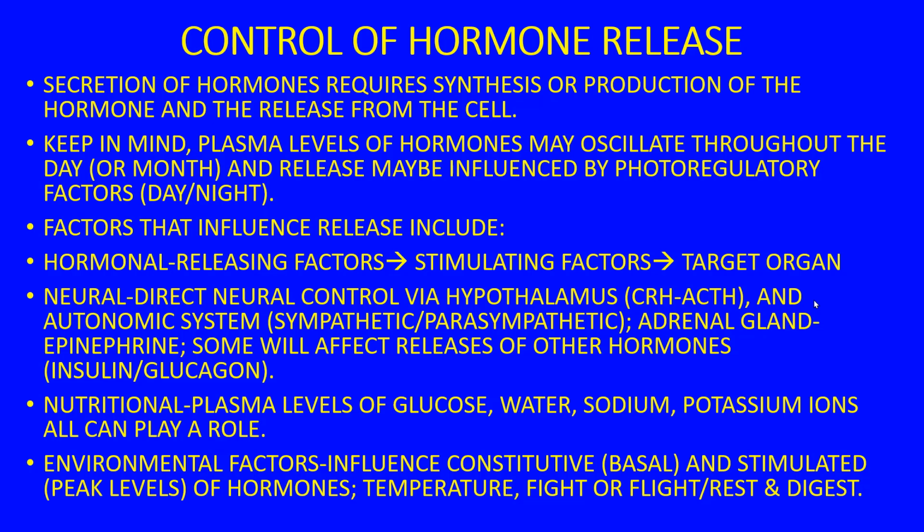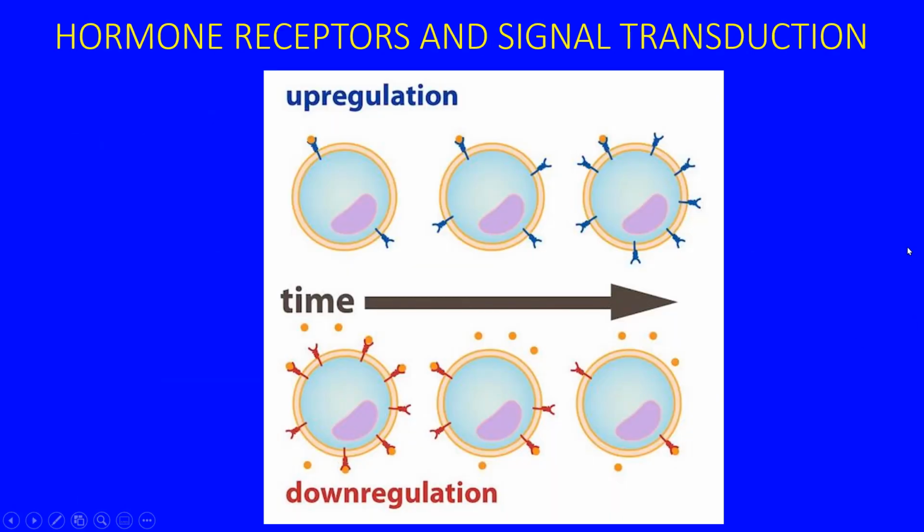When I have plummeting levels of glucose, I have the release of glucagon, which then mobilizes glucose to elevate its levels in the blood, and that's usually by breakdown of glycogen in the liver and also some mobilization of other resources to act as cellular fuel. All right? But we're just focusing just on glucose right now.